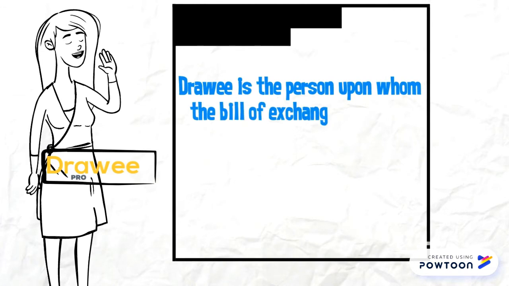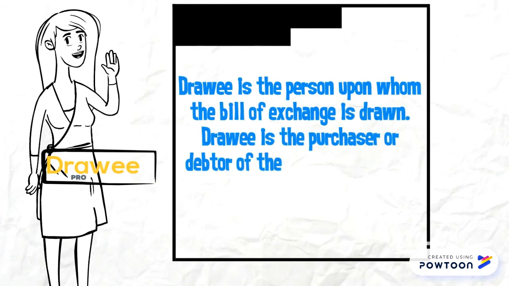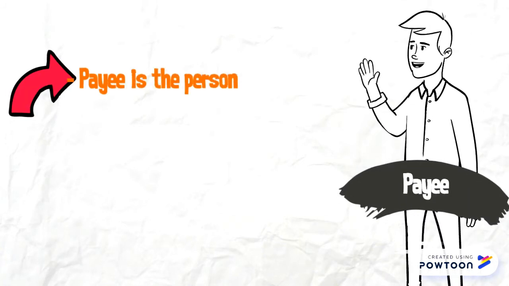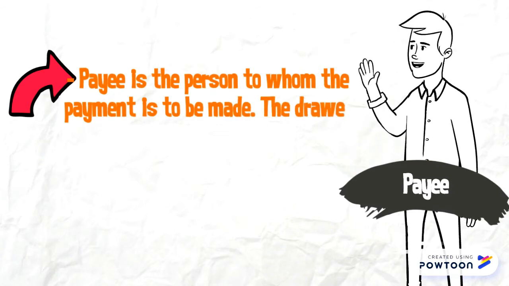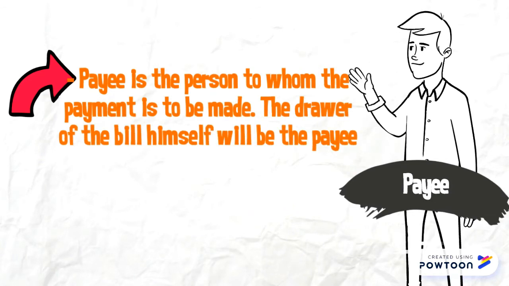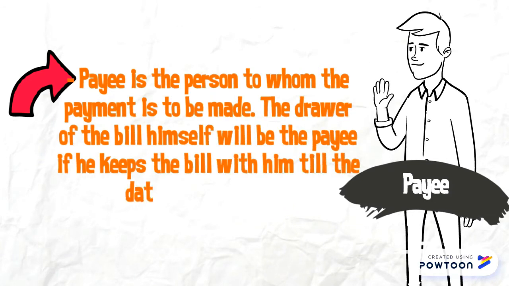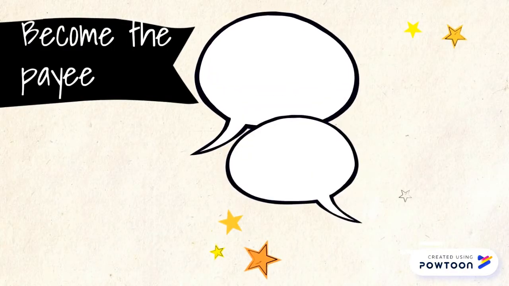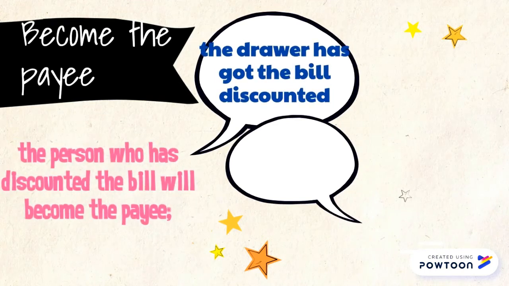Drawee is the purchaser or debtor of the goods upon whom the bill of exchange is drawn. Payee is the person to whom the payment is to be made. The drawer of the bill himself will be the payee if he keeps the bill with him till the date of payment. The payee may change in the following situations.